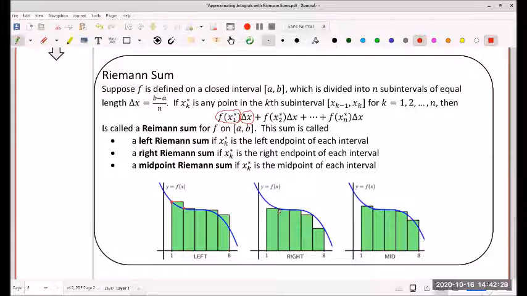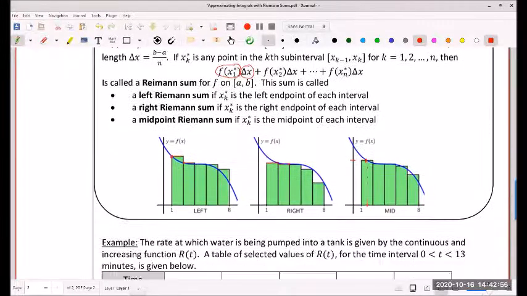We can use the right endpoint, same graph, same f of x, but now for each subinterval, instead of using the left point like up here for the height of the rectangle, we're using the right endpoint. And then we have the midpoint Riemann sum. Basically what we do is we plug the midpoint into the function, and we get the height of the rectangle right there, right? That would be our f of x star k for the midpoint.